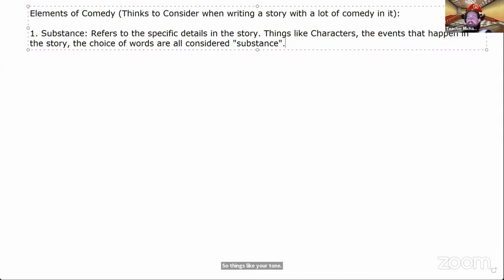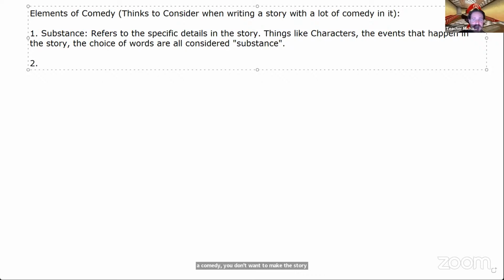Are you being happy and light when you write your story, or does your story have a lot of big serious words in it? That's something you want to consider when you write a comedy. You don't want to make the story too deep and dark and sad, because you'll make it a lot harder for your audience to find your jokes funny then.